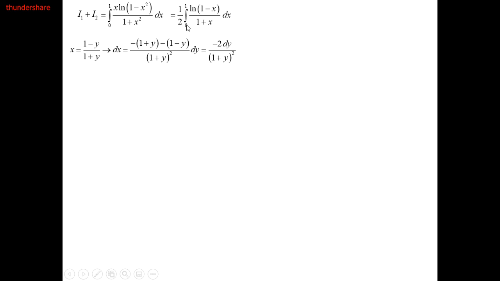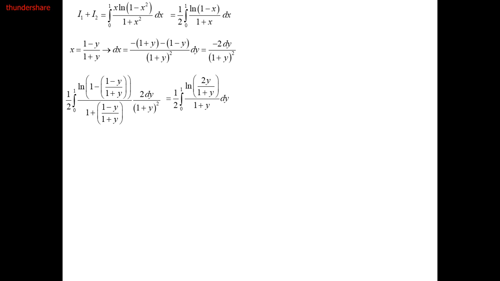When x goes from 0 to 1, you will find that this tool will be very useful, and when we substitute, you will find that we will reach this value after simplifying: half the integral from 0 to 1 of ln(2y) divided by (1 plus y) divided by (1 plus y) dy, and after expanding the ln, we find this value.